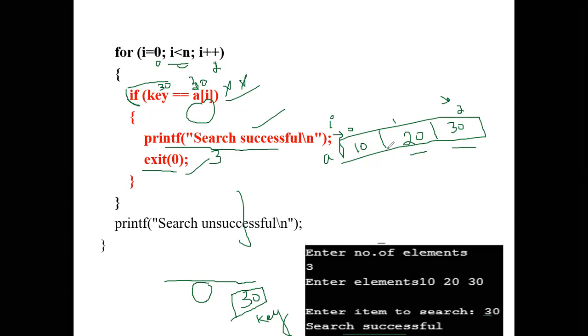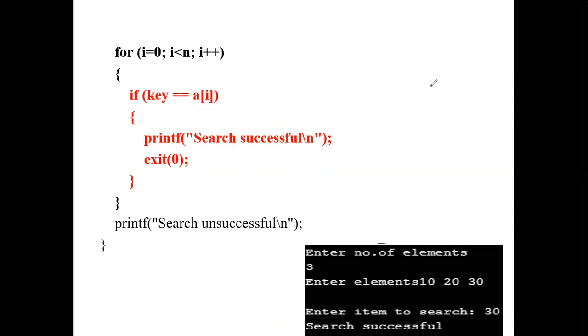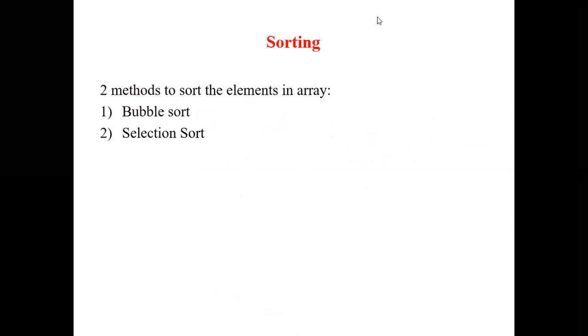Once you find the element in the array, you terminate the program. In the same way you can take one more example array and trace the program. So next one.